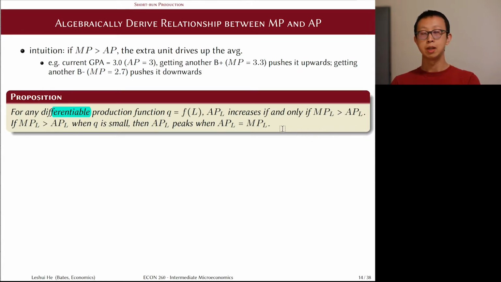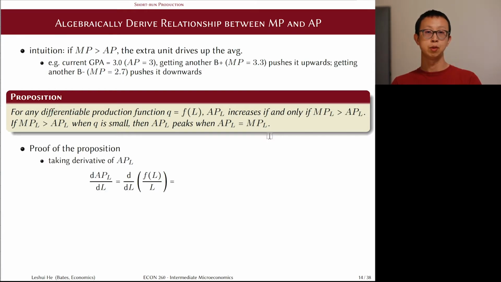As a result, if the marginal product is higher than the average product when the labor input level is small or the output level is small, then the average product will reach its peak when they're equal to each other. Now let's look at the proof, which only takes one line.